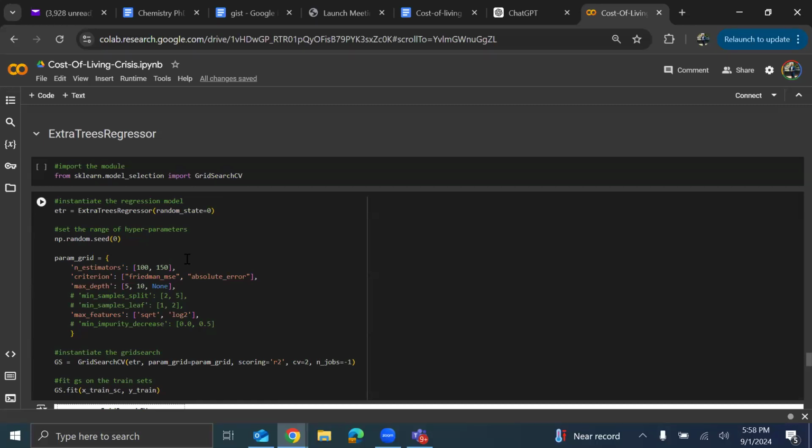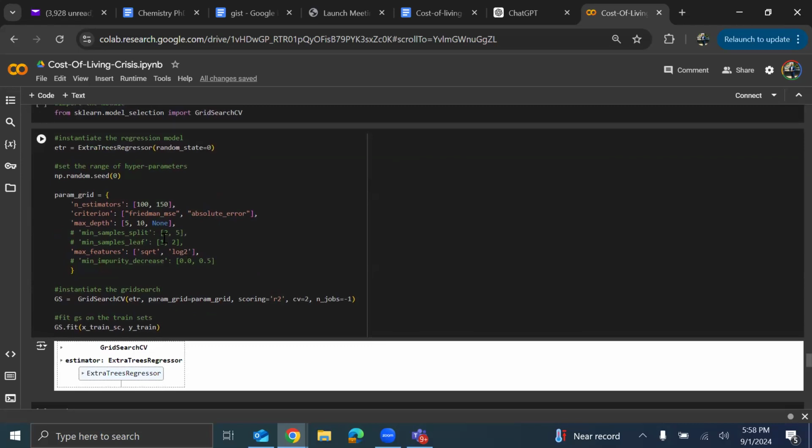Hyperopt is much more automatic and can search lots. With grid search, you say, this is what I want, so I specified what I wanted.